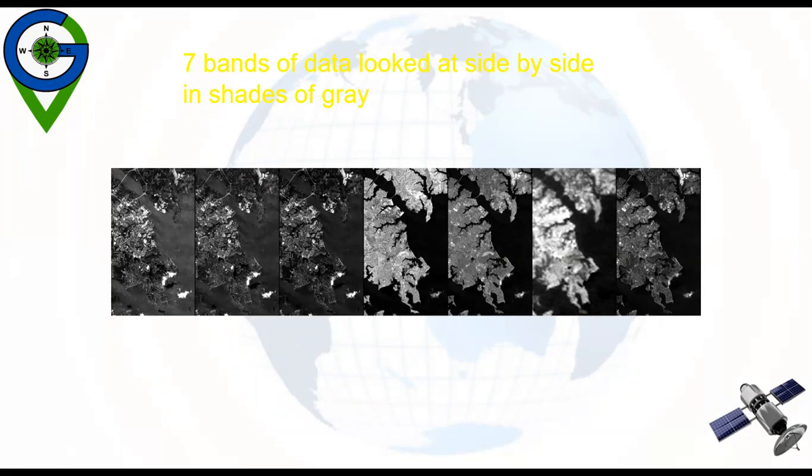One feature may reflect more energy in one band, but reflect less energy in another band. So all the bands are very necessary for the extraction of information about an area.